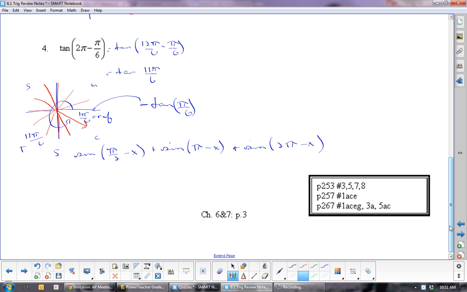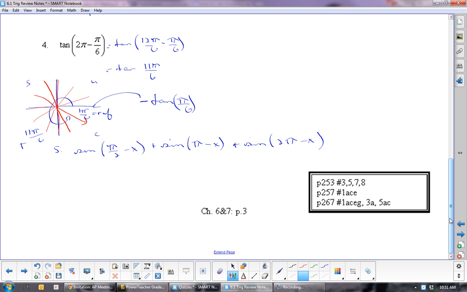So we want to write it as one trig ratio. When you do all this, it does equal cos x. Let's write that a bit higher.